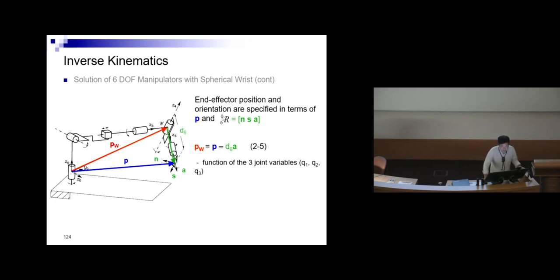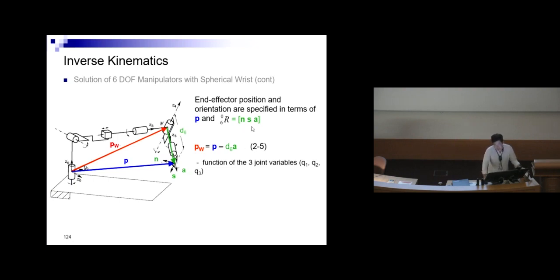So when you have a rotation matrix 0,6 over here, meaning you have the rotation matrix of the last point, the end point, with respect to the base point. So it's comprised of these 3 unit vectors, N, S, and A. So this goes back to our earlier lecture on what is a rotation matrix.